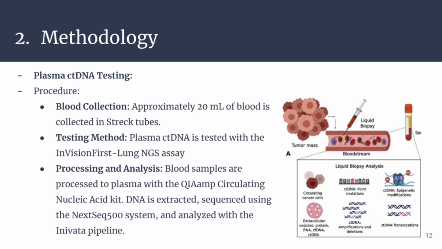The blood samples were processed to plasma using the QIAamp circulating nucleic acid kit. DNA was extracted, sequencing libraries were prepared, and sequenced using the NextSeq 500 system, and data were analyzed using the Inivata analytical pipeline. Results were returned within a median of 7 days from blood collection.